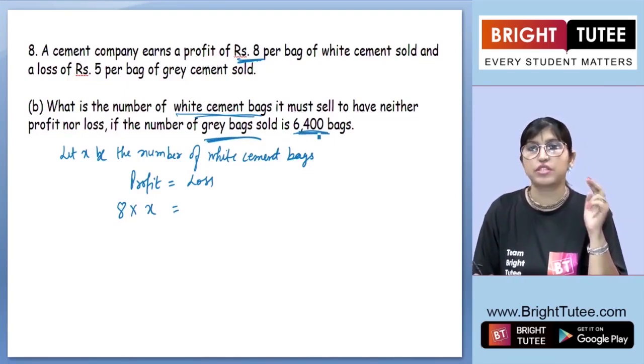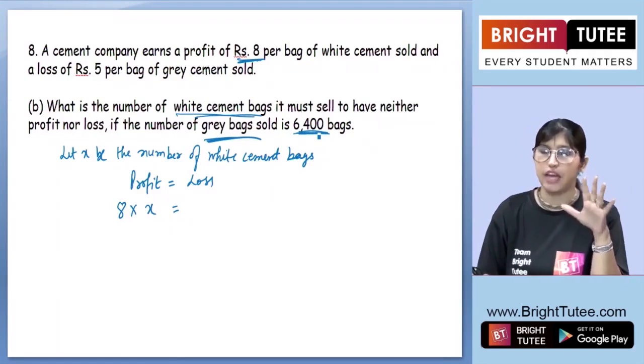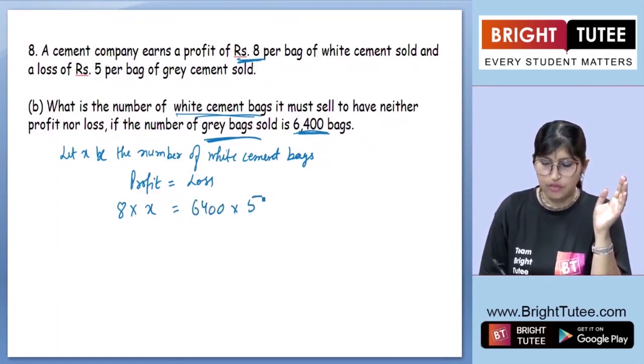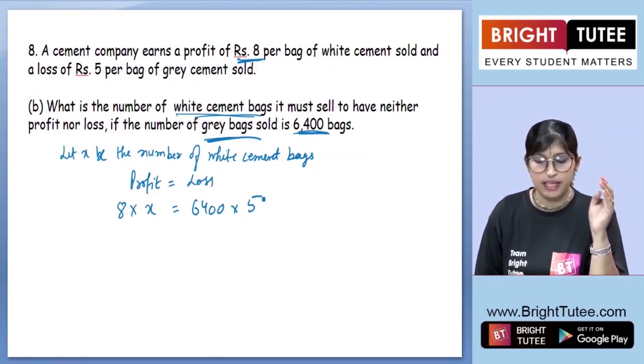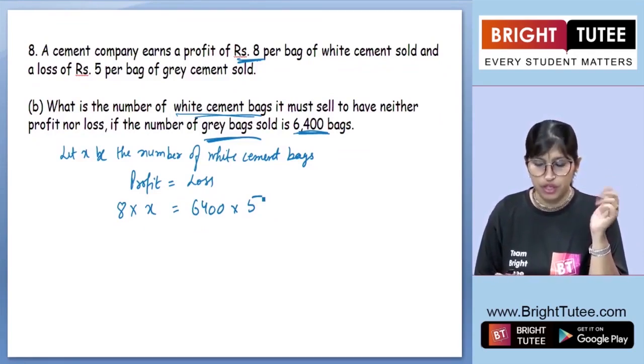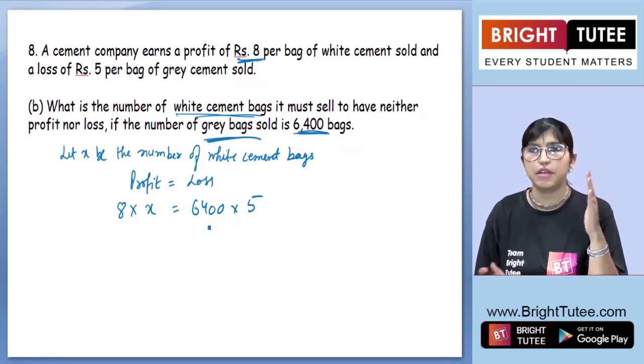We have 6,400 bags, and the amount per bag is 5 rupees. So the total loss is 6,400 times 5.